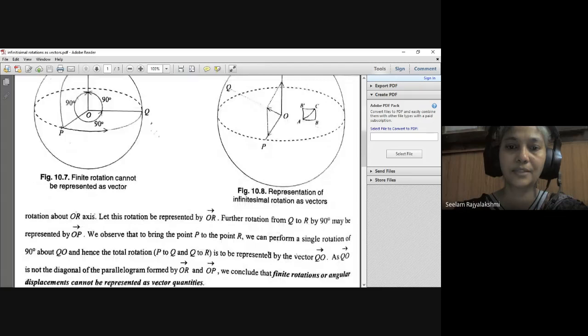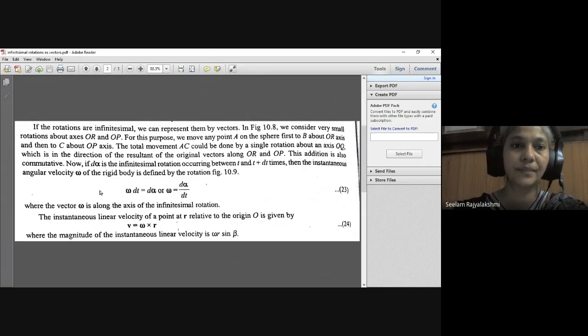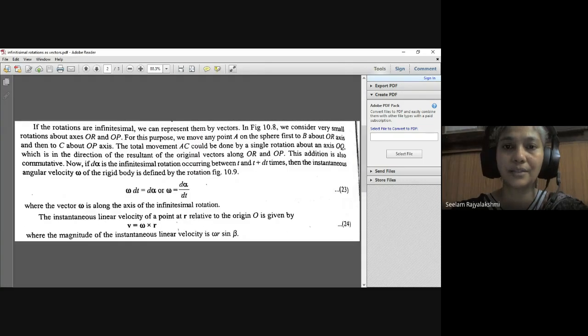We have already seen figure 10.8, and this is the diagonal AC formed in the particular parallelogram. Now, if d alpha is the infinitesimal rotation occurring between t and t plus dt, then the instantaneous angular velocity omega of the rigid body is defined by the rotation.